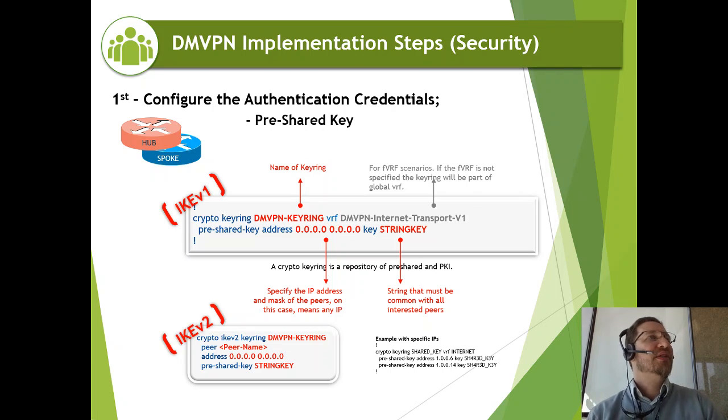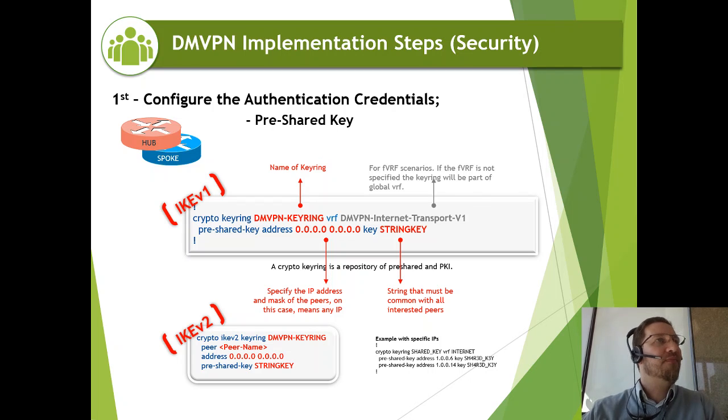When we use 0.0.0.0, it means any IP. No matter what IP the spoke router is using, if the spoke has the correct key, it can be a client on the DMVPN.